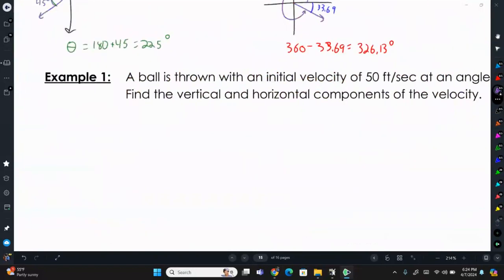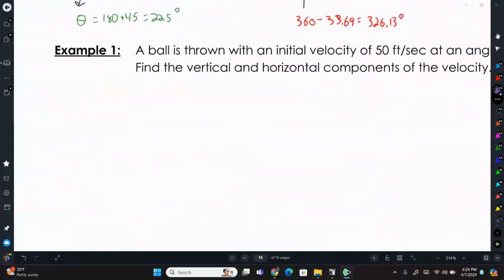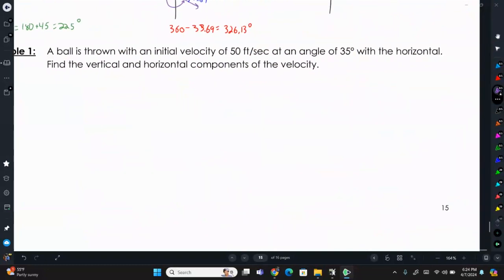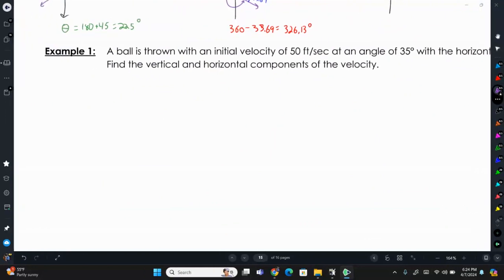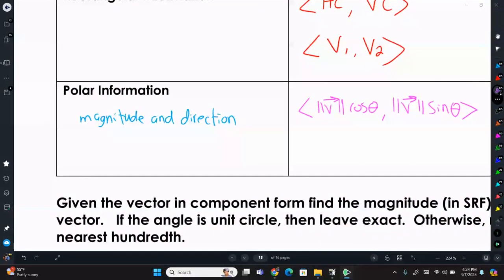All right, now example 1 down here says a ball is thrown with an initial velocity of 50 feet per second at 35 degrees with the horizontal. Find the vertical and horizontal components of the velocity. That is polar information because we have the magnitude and direction.